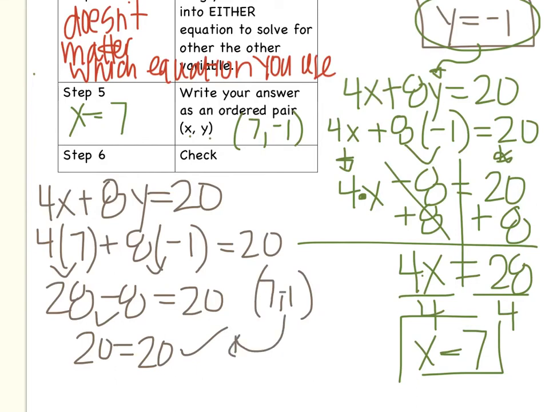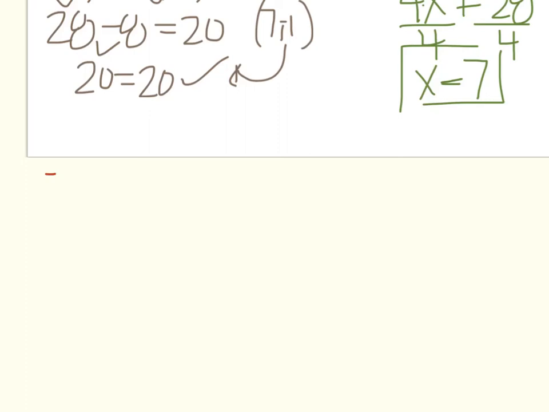I still have to go back and do my check for my second equation. So I'm going to rewrite my second equation: negative 4x plus 2y equals negative 30. Again, I'm going to plug in my x and my y.